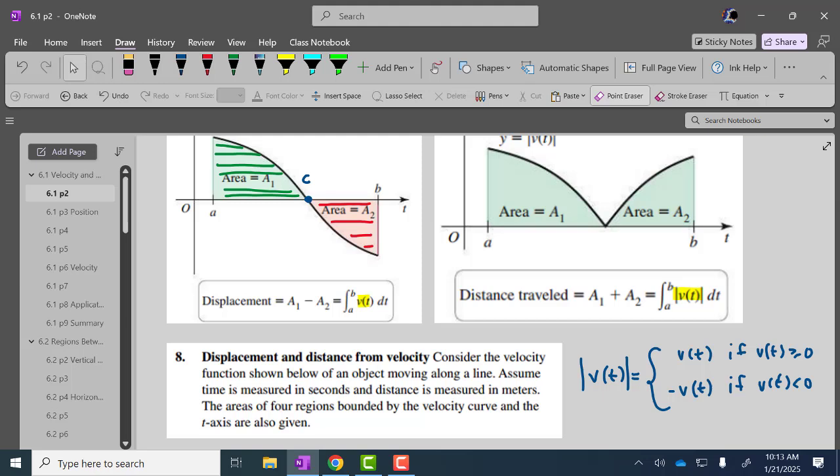Here, it's down below the x-axis, it's negative, so this area is going to be -1 times the integral from c to b. Or you could multiply it by -1 first and then integrate it. Regardless, you have to multiply by a -1 in order to get the area and not have that negative be part of the answer.